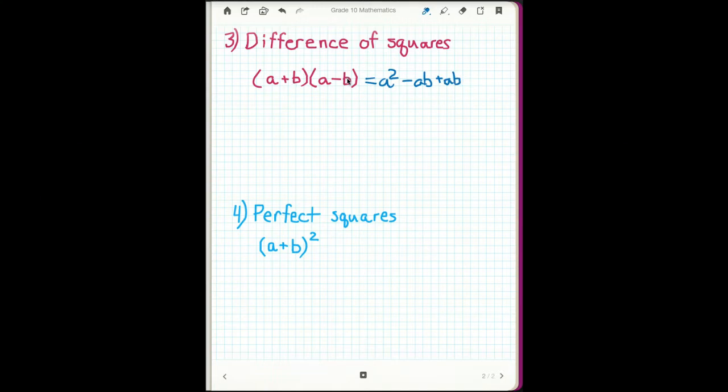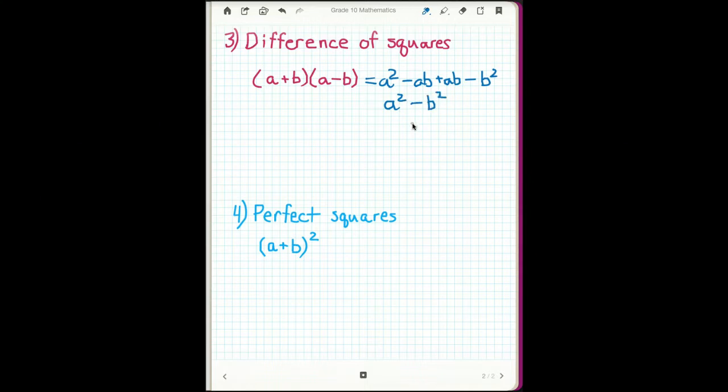And then b times negative b is a minus b squared. And what happens is the middle two terms, which are like terms, one is negative and one is positive. And when you add them together, they cancel out. It's like having a minus 3 plus 3. That's going to give you 0. So I get a squared plus 0 minus b squared.